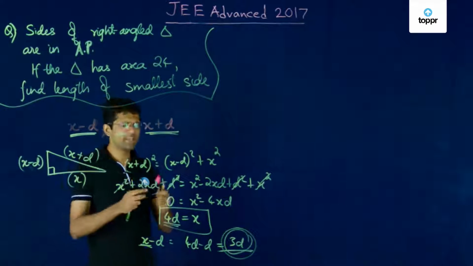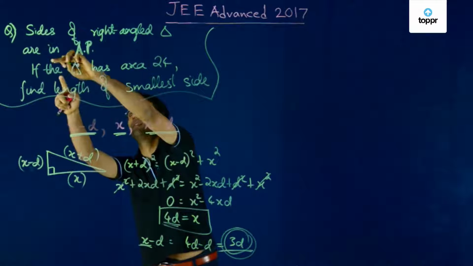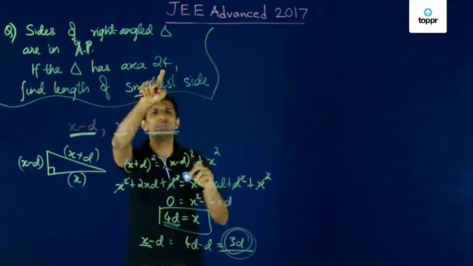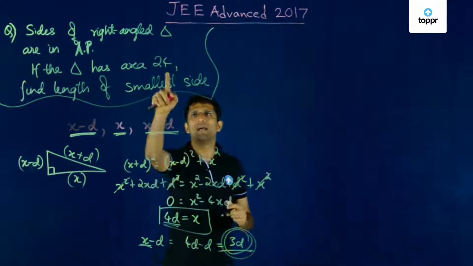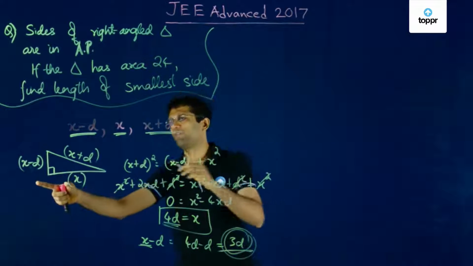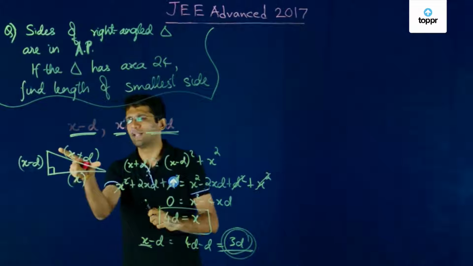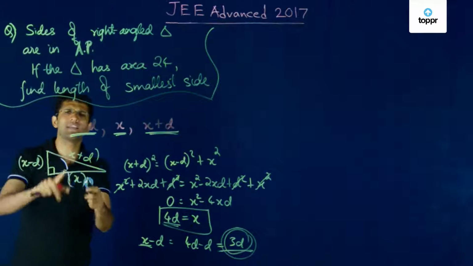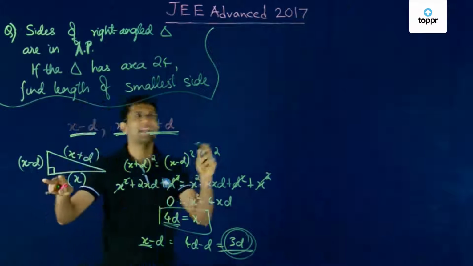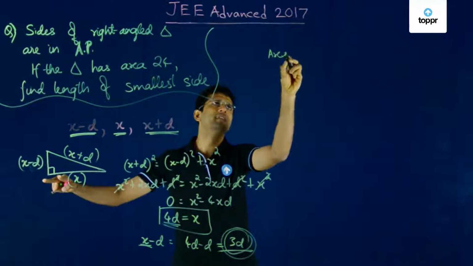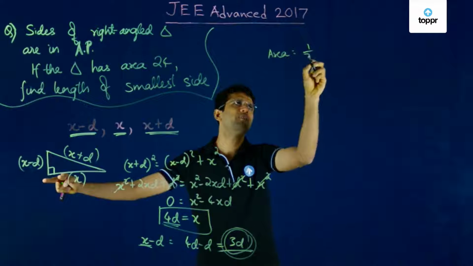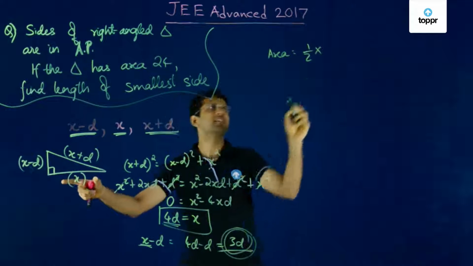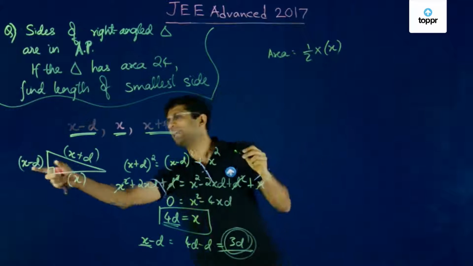Now to find the value of d, we have a simple condition given here that the triangle has an area of 24 square units. Because this is a right angle triangle of which the hypotenuse is this side, the product of the lengths of the other two sides multiplied by half will give us the area of this triangle. So area is equal to half into base into height. Now base is x and height is x minus d.